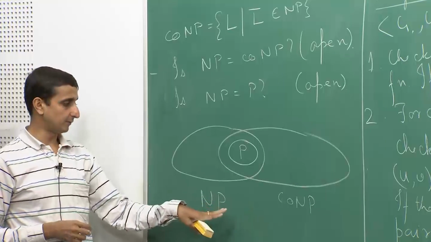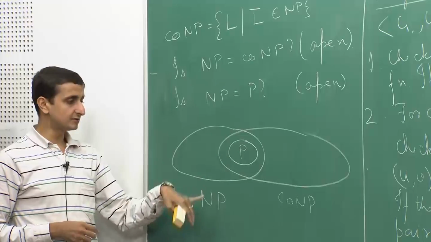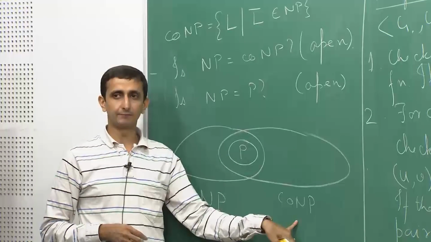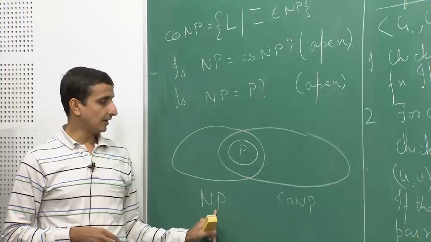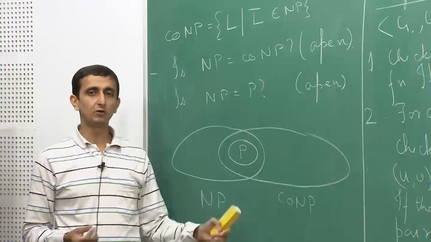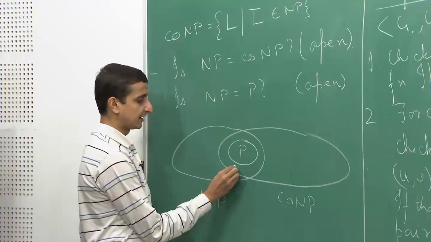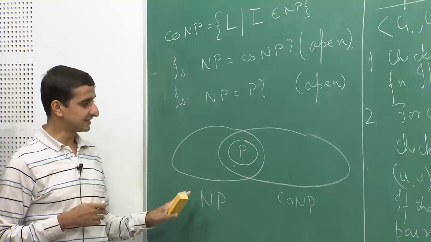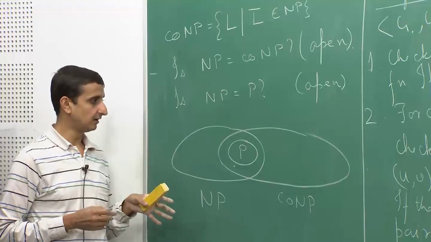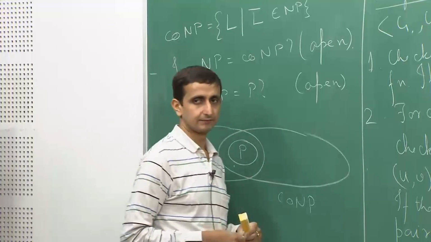Okay. So, if I have a problem which is in P, then of course, it is both in NP and co-NP. Okay. But if I have a problem which is in NP and in co-NP, we do not know for sure whether it is in P. I mean, it can very well lie outside also. We do not know. Okay, so, the precise relation between these three classes is not known, but as of now this is the picture that we have. Okay.